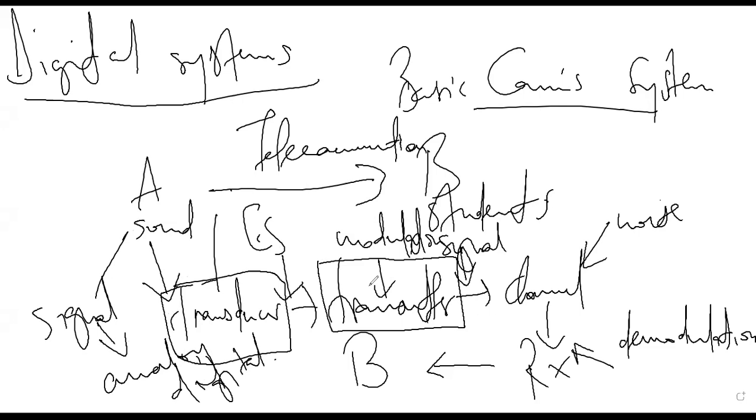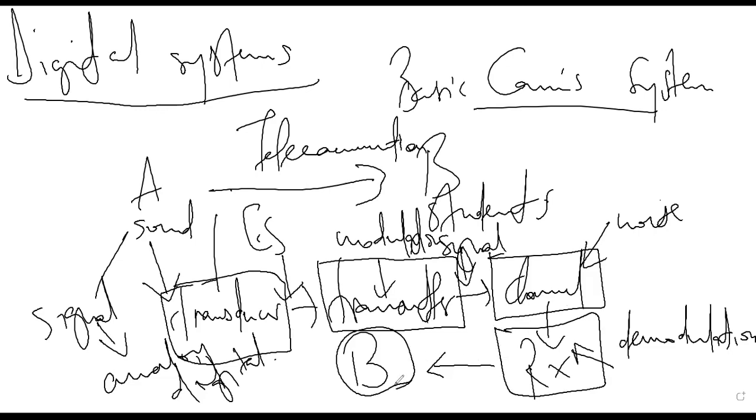In the transmitter for optical fibers, your signal is modulated with the light source. Then you go into your optical fiber channel. Then you go into the receiver and demodulation, and you have sound wherever you are. This is the basic communication system.